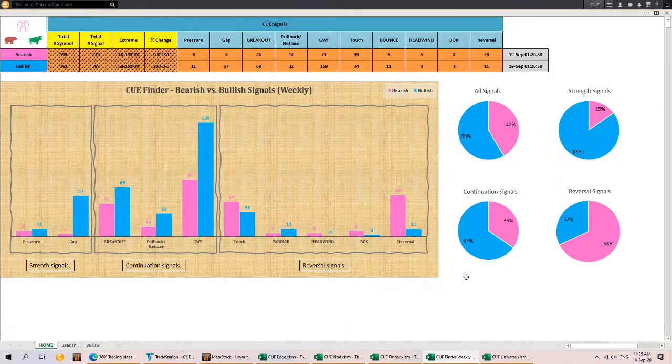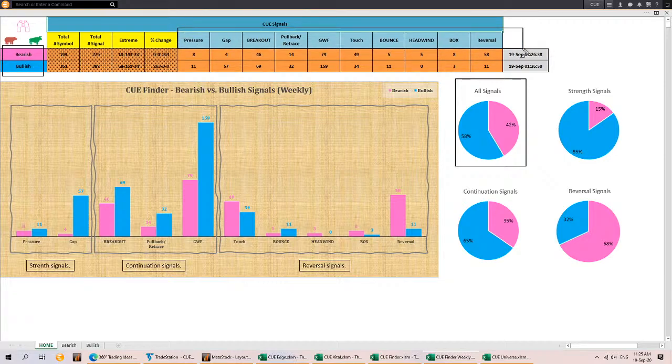What about weekly finder? Weekly finder is also bullish. Finder shows the balance between bearish and bullish signals across all the important Q signals. If we see all signals, it is more bullish than bearish. Strength signals very clearly bullish. 85% signals are bullish.